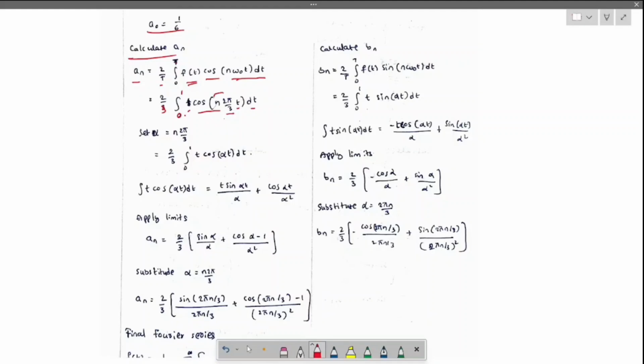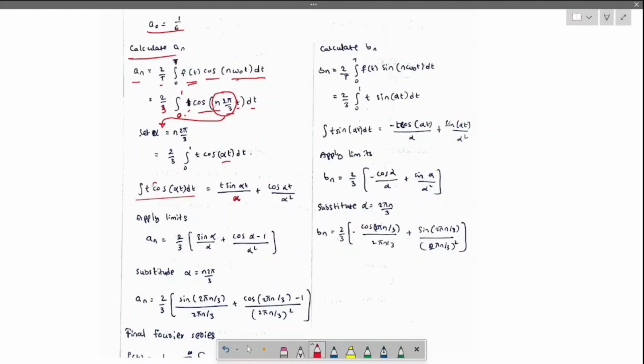Let us take this whole thing as alpha. Now when you do so, it becomes t into cos alpha t dt, which is like t sin alpha t by alpha.